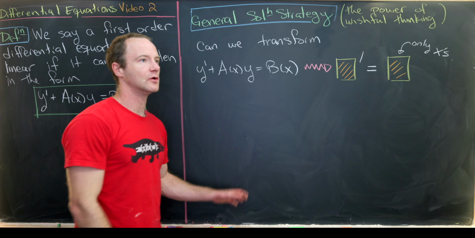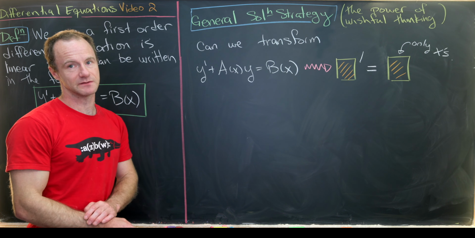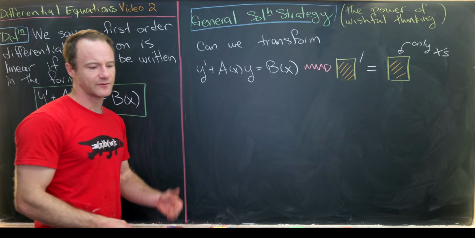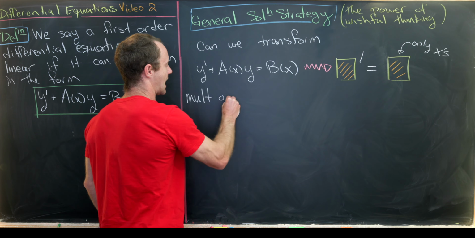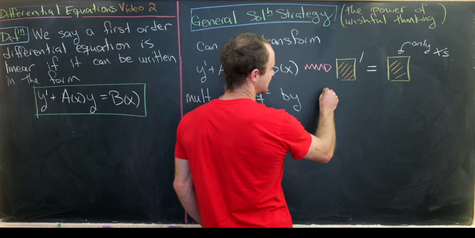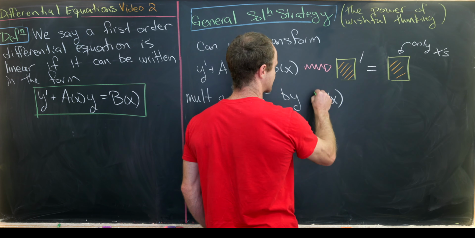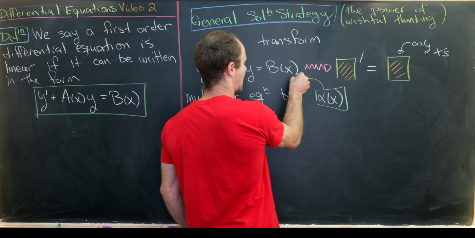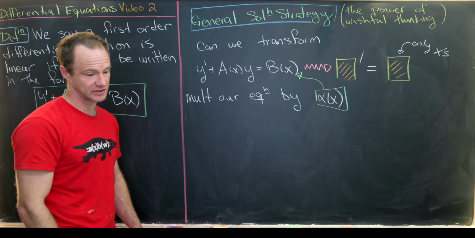Okay, so motivated by our second example where we multiplied by something to make this occur, let's see if we can do that. So let's multiply our equation by something that we'll call alpha x. So this will be our integrating factor. Just to reiterate, we're multiplying alpha x into our given equation.